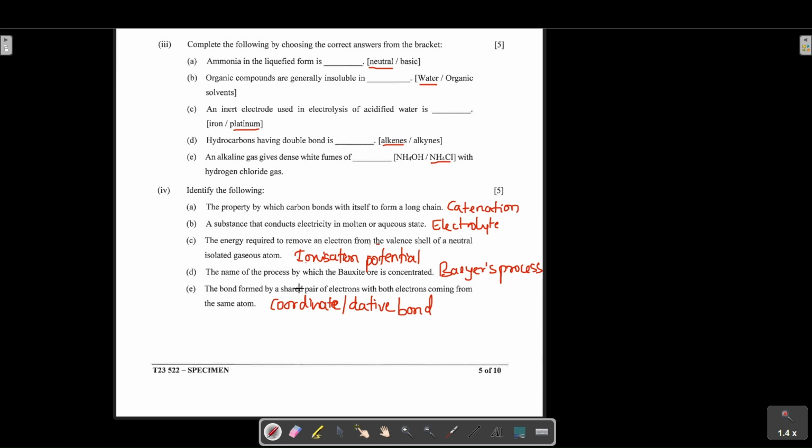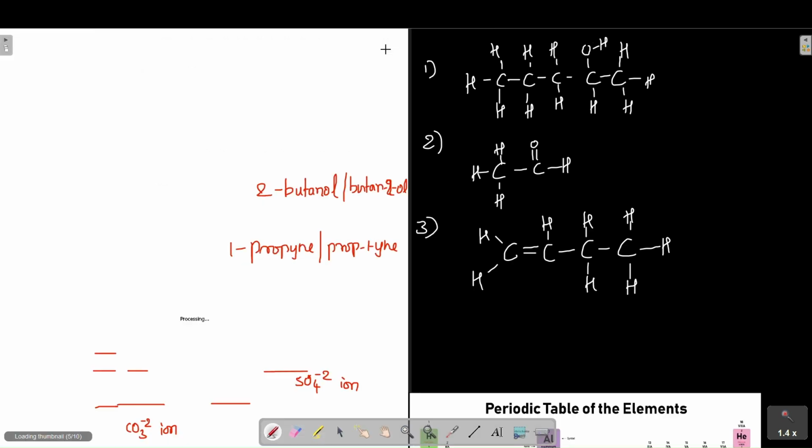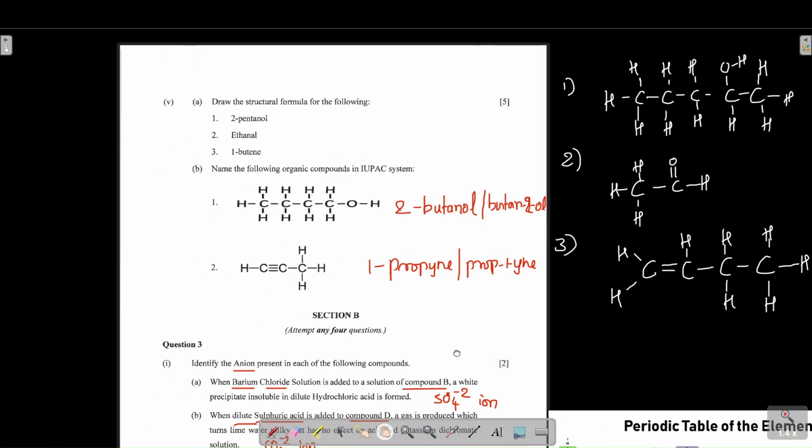Name the process by which bauxite ore is concentrated: Bayer's process. Hall-Héroult process is to get the aluminium from alumina. This is just a concentration. The bond formed by shared pair of electrons with both electrons coming from the same atom: that will be coordinate or dative bond. If it is coming by both, then it is covalent.